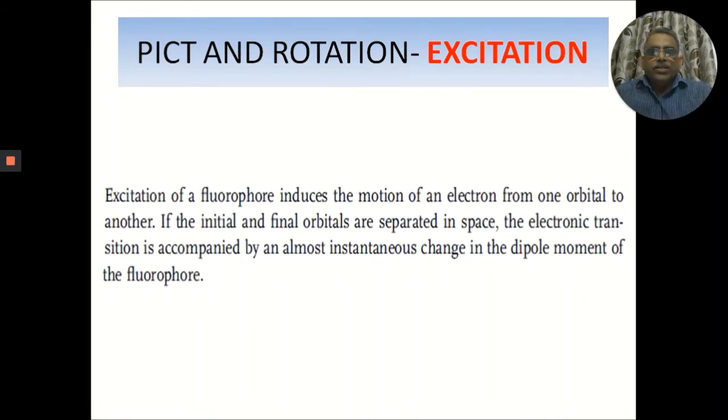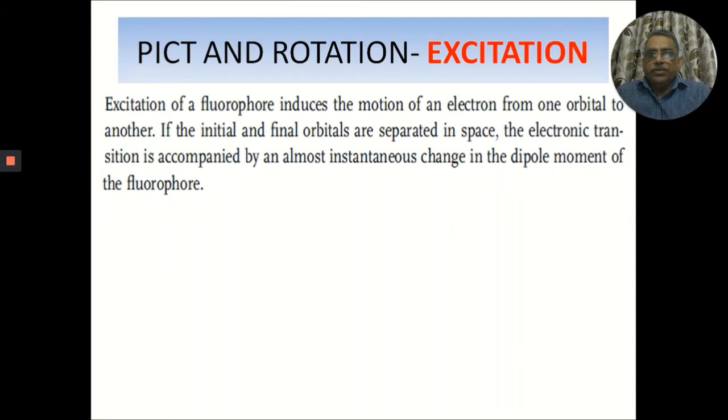The excitation of a fluorophore induces a motion of an electron from one orbital to another. That is very interesting: donor and acceptor. The donor gives the electron, the acceptor takes the electron, so the initial and final orbitals are separated in space. The electronic transition is accompanied by an almost instantaneous change in the dipole moment of the fluorophore.